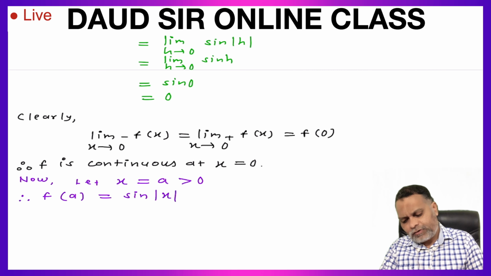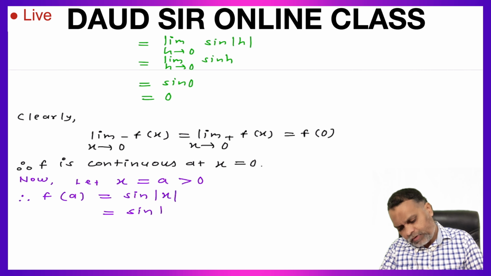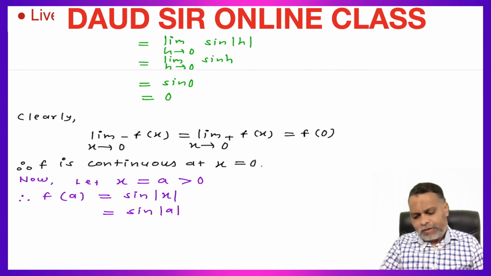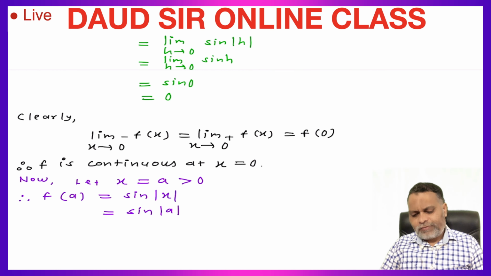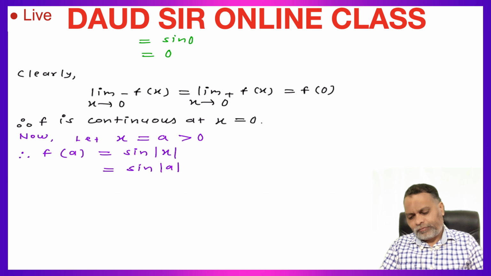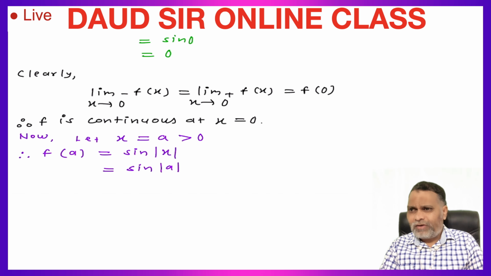Put x is equal to a here. So sine modulus of a. We can leave this value, it is greater than 0, so we can take sine a only, or we can leave it like this.